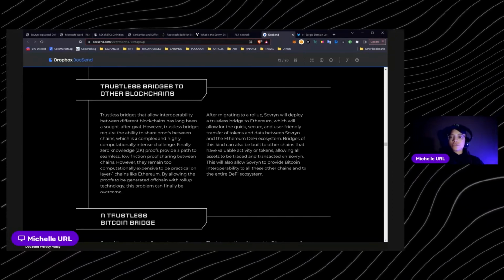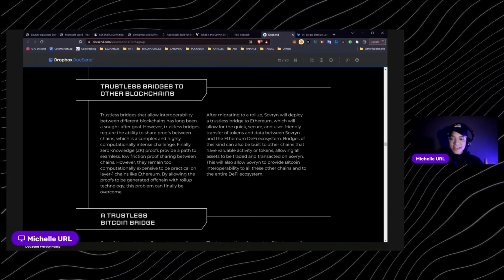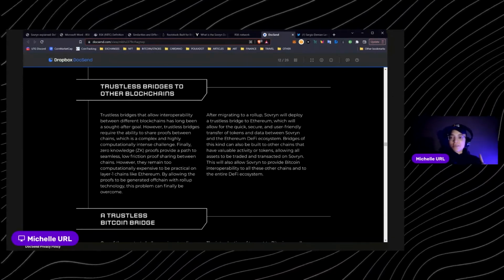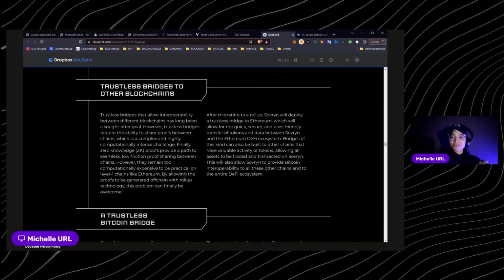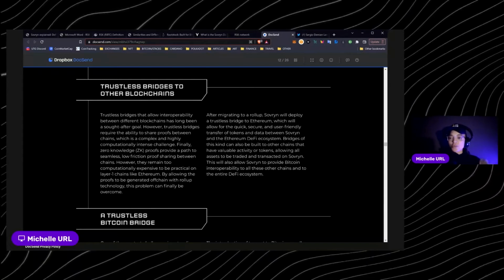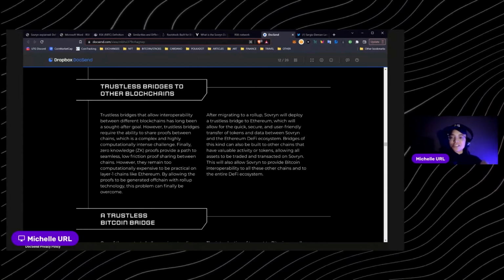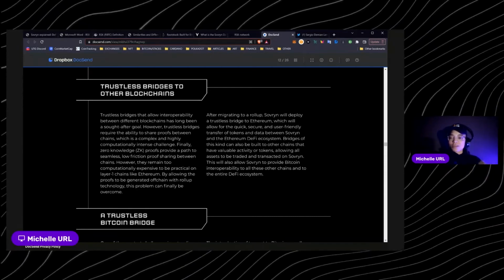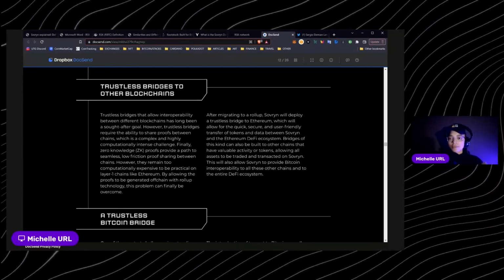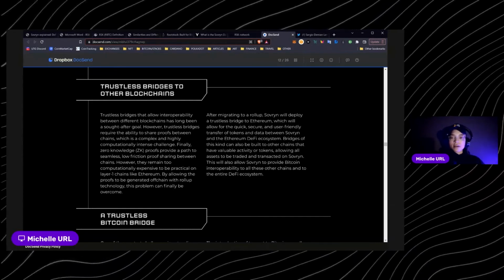However, they remain too computationally expensive to be practical on layer 1 chains like Ethereum. By allowing the proofs to be generated off-chain with roll-up technology, this problem can finally be overcome.